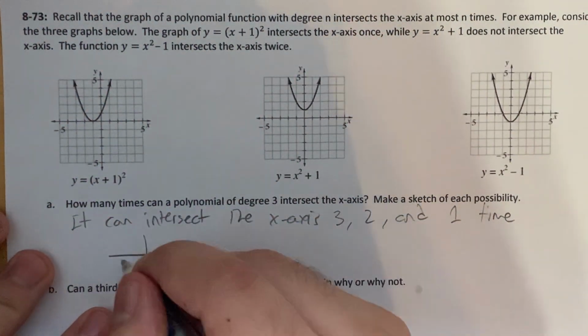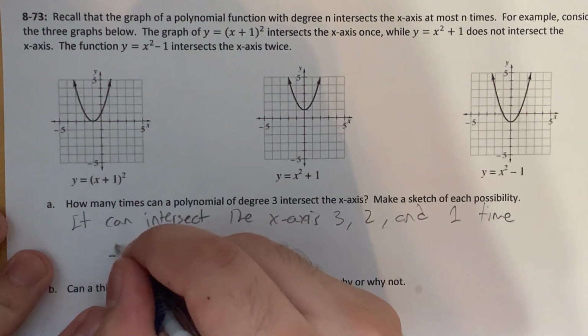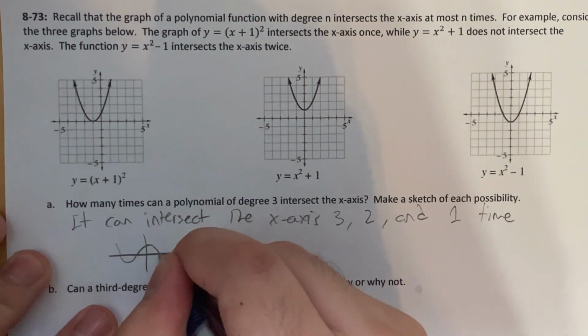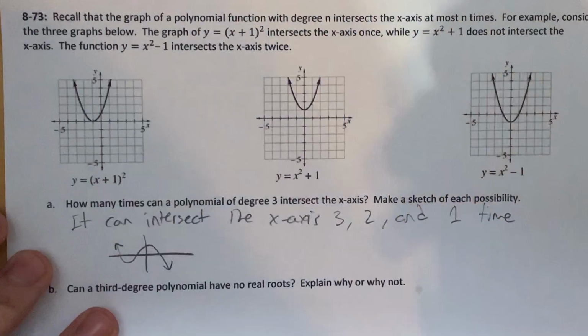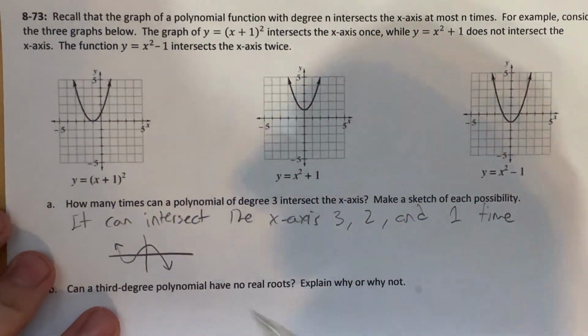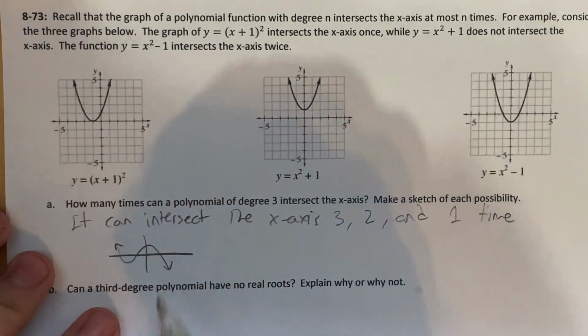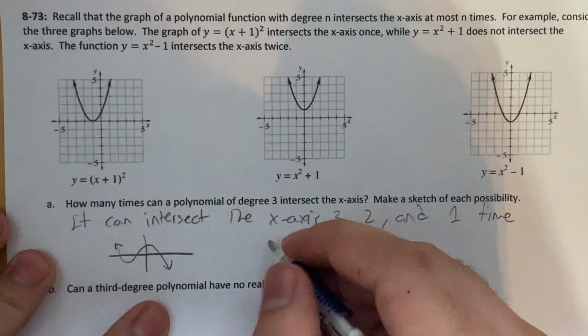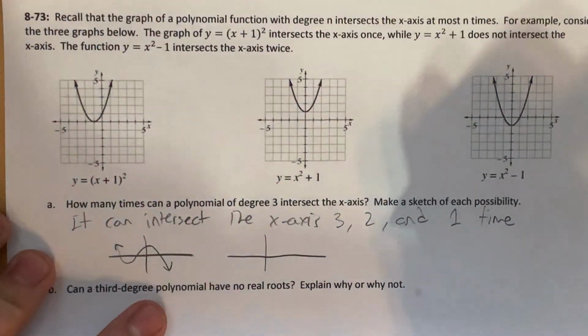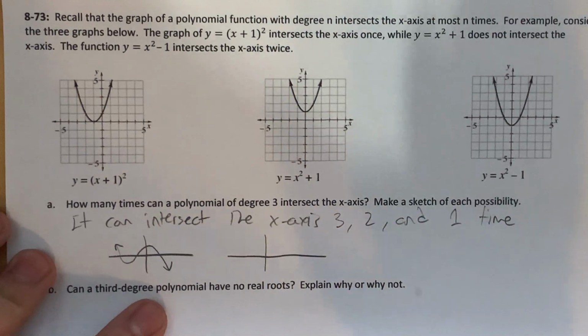Here's my graph. 1, 2, and 3. This is what a polynomial of degree 3 looks like. And there is my graph proving that it can be intersected 3 times. Now, how is it going to look if it's being intersected twice?